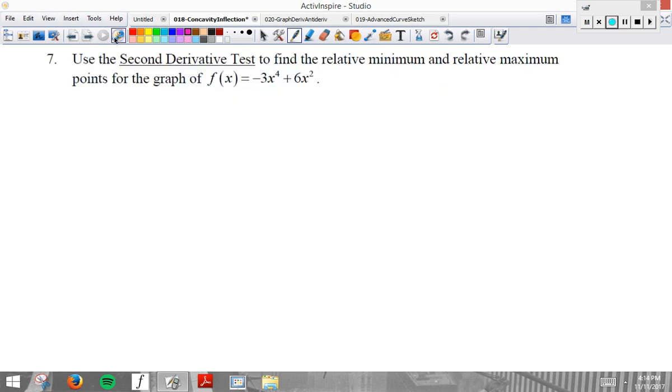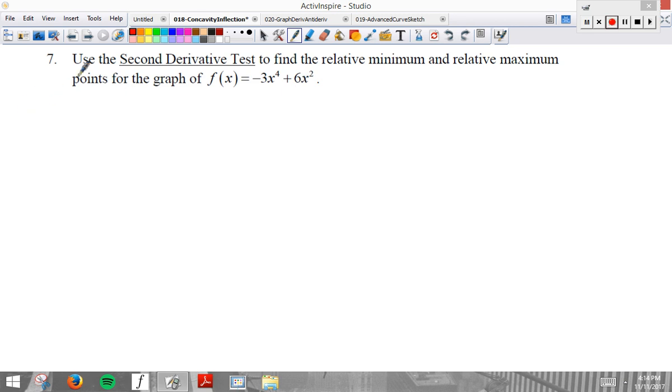Without further ado, use the second derivative test to find the relative maxima and minima of this graph, the points. So again, this is a relatively simple situation. We are being told directly to use the second derivative test, so we will not think about using the first. Again, the first derivative test is a number line. You should be able to do that on this function pretty easily.